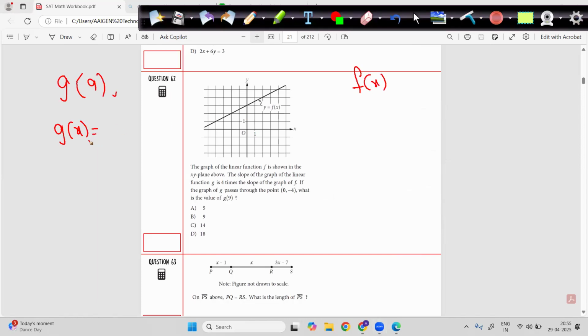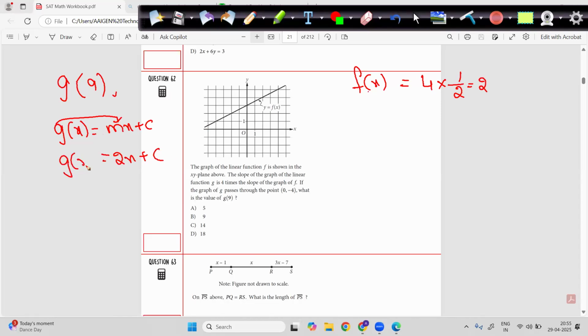So g of x is mx plus c. They told slope of g is 4 times the slope of f. So find the slope of f, which is 1 by 2. 4 into 1 by 2 is 2. So g of x is 2x plus c.